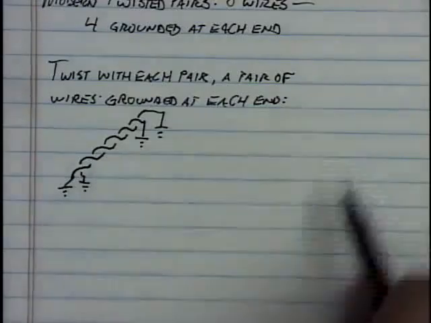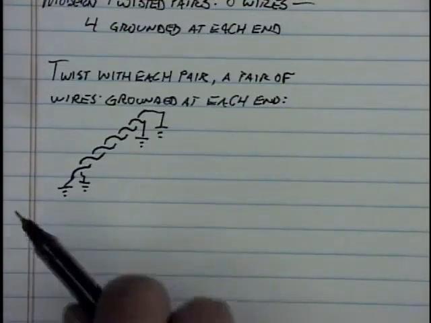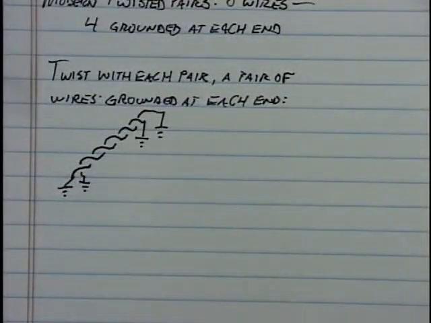So, they take 4 wires, twist them together to form one big twisted mess of 4 wires. Take another 4 wires, twist them together. Ground 2 at each end from each group of 4, and use the other 2 from each group as the live wires for your transmit and receive channel.